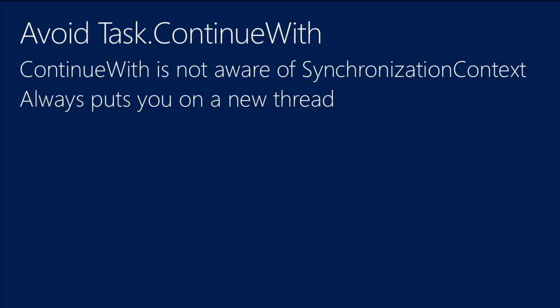ContinueWith is not aware of the synchronization context, which means all the work that we do in ASP.NET to make the intrinsics available to you isn't relevant. And it always puts you on a new thread too. It's going to launch a new thread to run the code that you put in ContinueWith. So don't use it. Use await instead. It achieves the same thing but does it very differently.